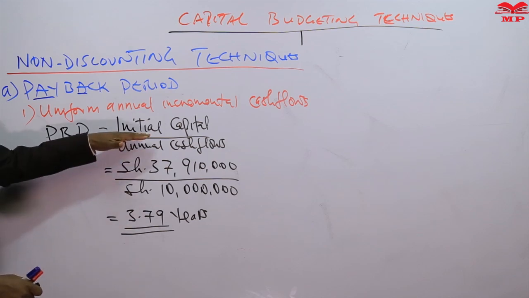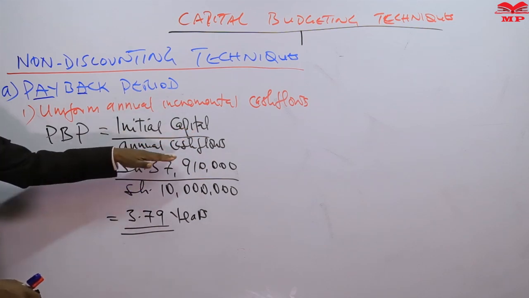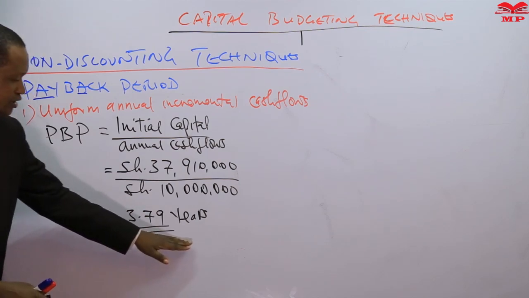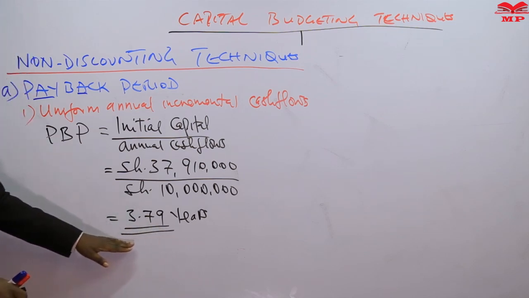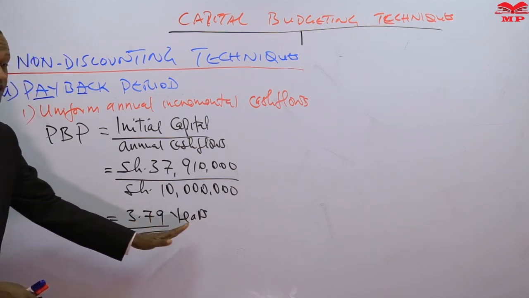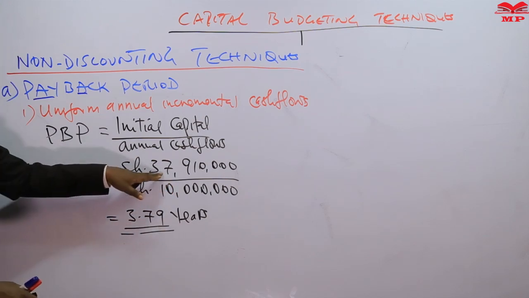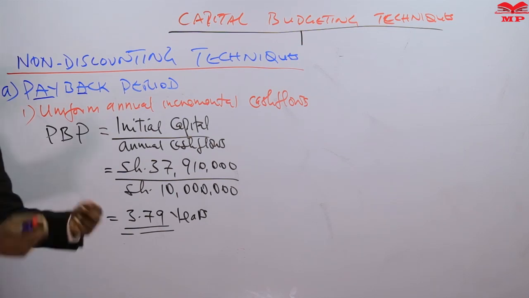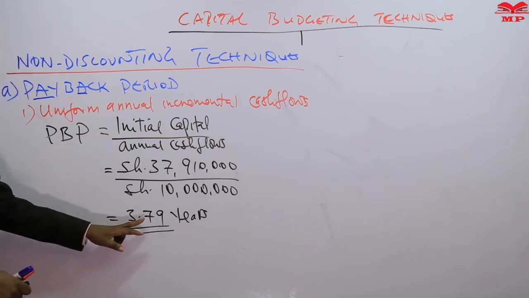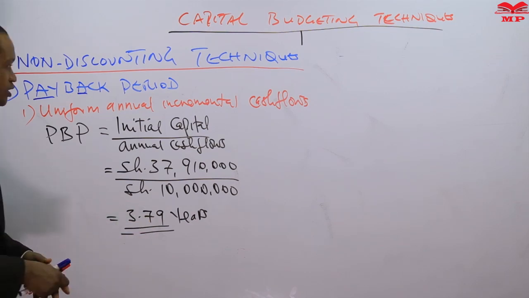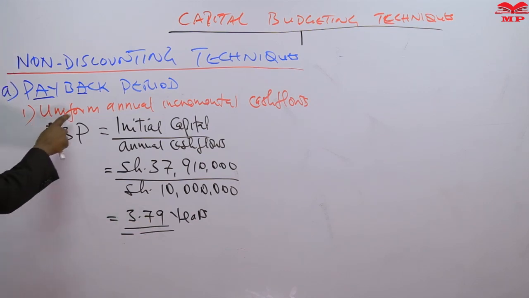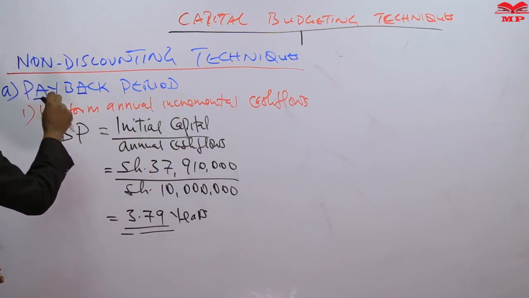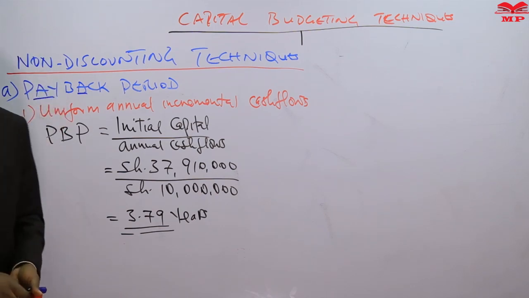You simply divide the initial capital investment by the annual cash flows to arrive at the period. This means that this is the interpretation: the organization will wait for 3.79 years before the 37,910,000 is recouped or paid back. So the payback period is 3.79 years. So that is one scenario, and that is where the annual incremental cash flows are similar, equal or uniform.